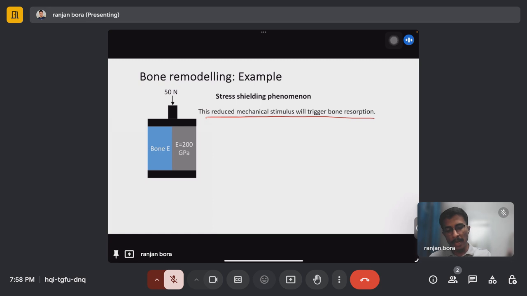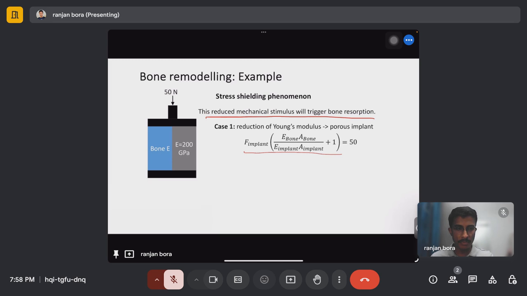Now, there might be two cases. Like this expression we have derived in the previous slide. F implant was very high compared to F bone.